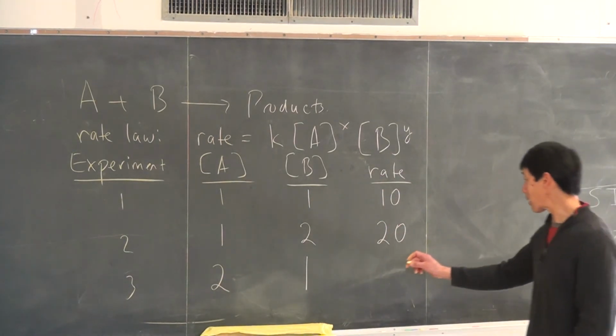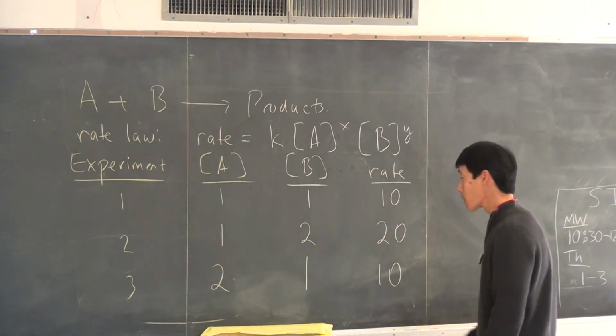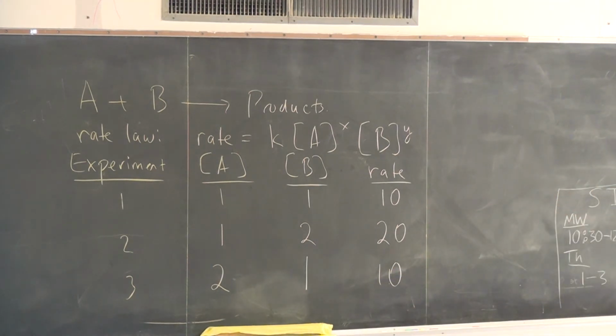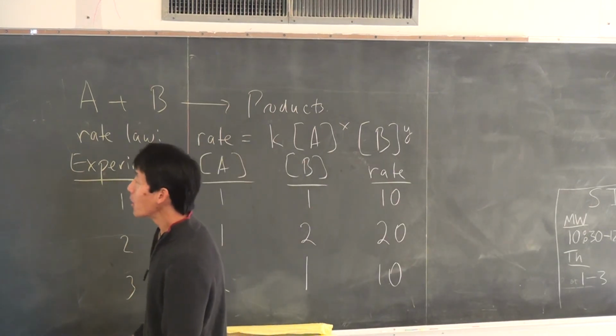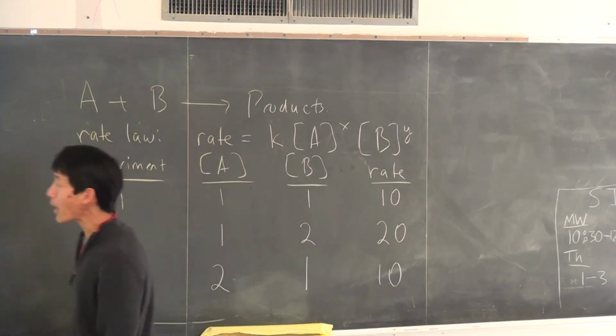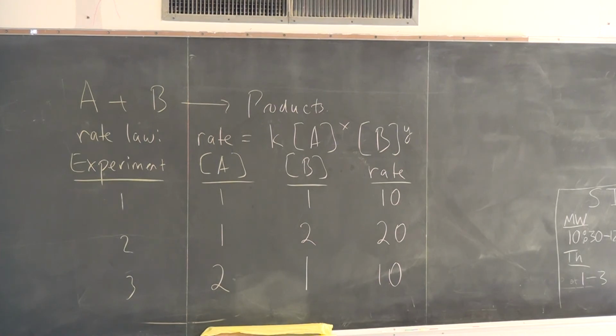Let's say it's 10. So we did 3 experiments. We kept one reactant concentration the same, we changed the other one, we measured the rate. So in step 2, we can compare the rate with the change in concentration and see what happens.